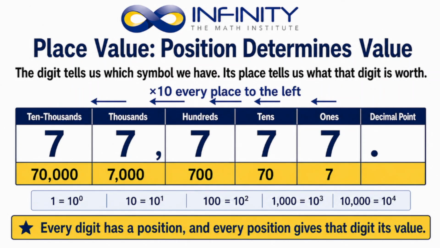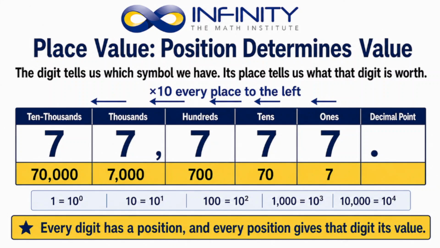All right, here you could see we have a bunch of number 7s across the board. All right? We don't have decimal points yet, but you can always assume from now on that there's a decimal point after the last digit. All right? And again, each digit has a position, and that position gives it its value.